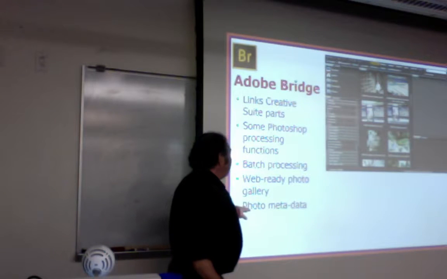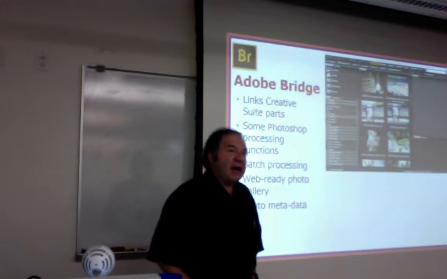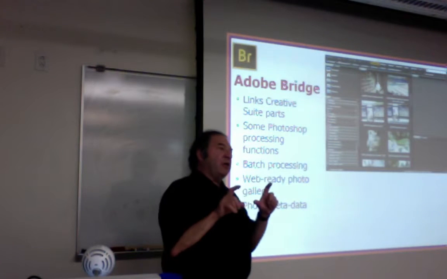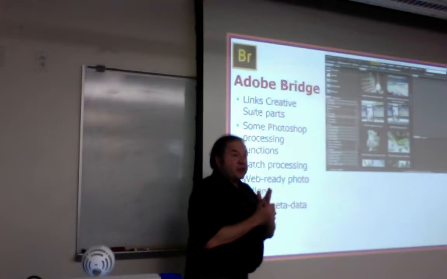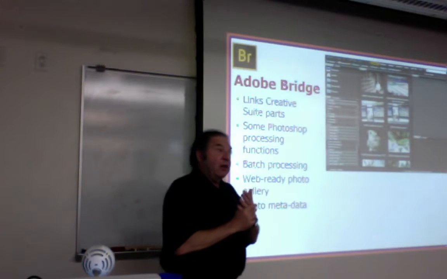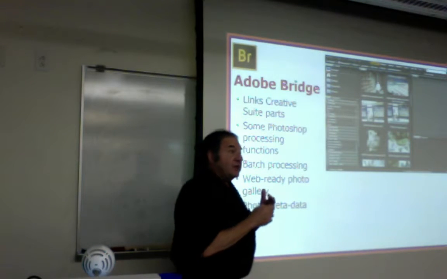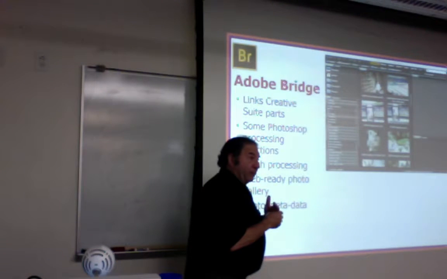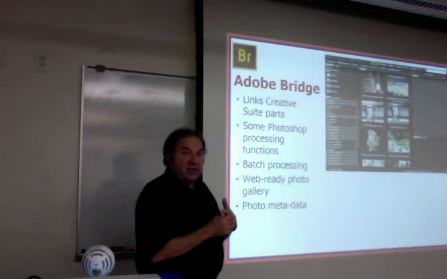All right? And then photo metadata. Now, every time you take a picture with a digital camera, the camera not only records the pixels that come in through the lens, but somewhere in that file is information about the camera that you used, the settings that you had on that camera. It may include whatever adjustments that you made.